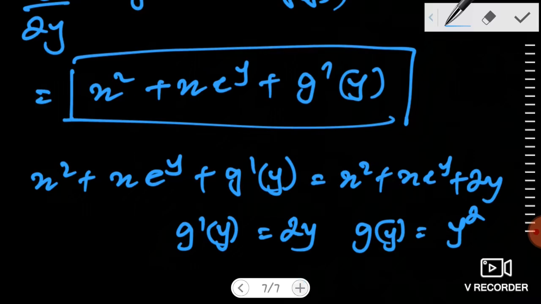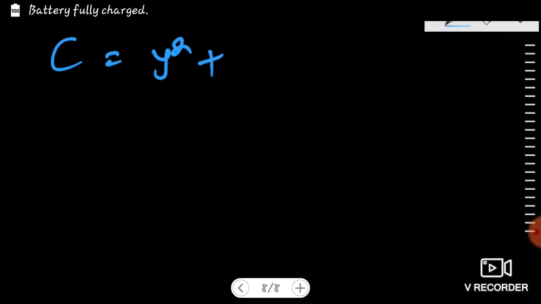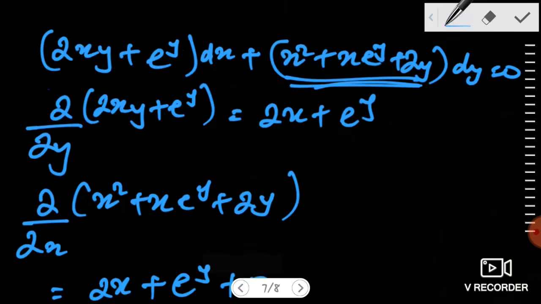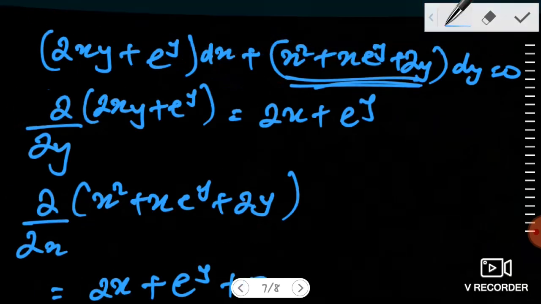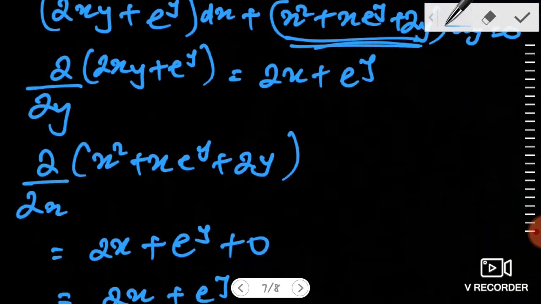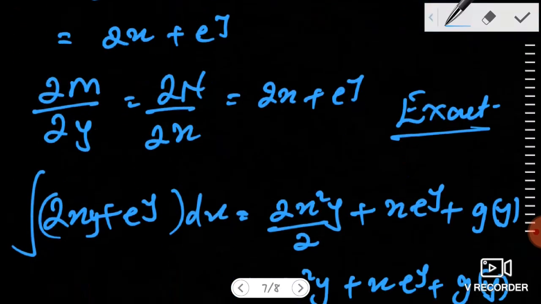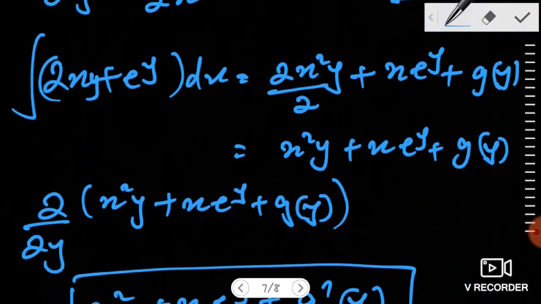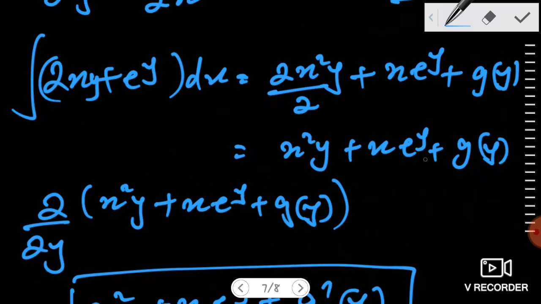Then write the general solution for this. Therefore, we can say that the general solution will be y squared plus what we integrated initially, which was x squared y plus x e^y, right?